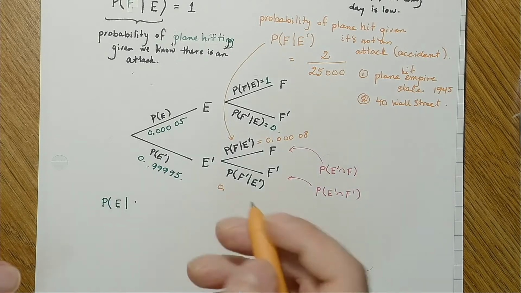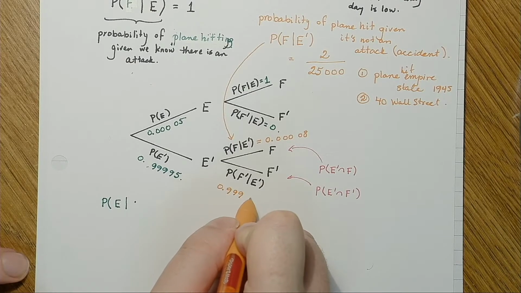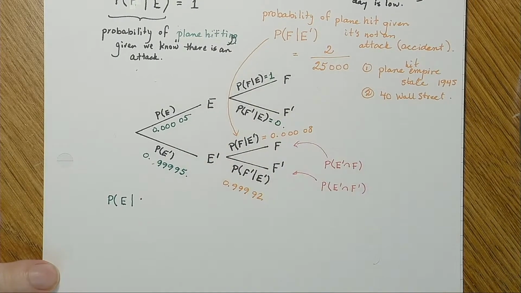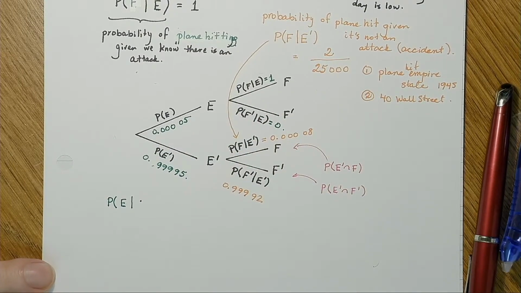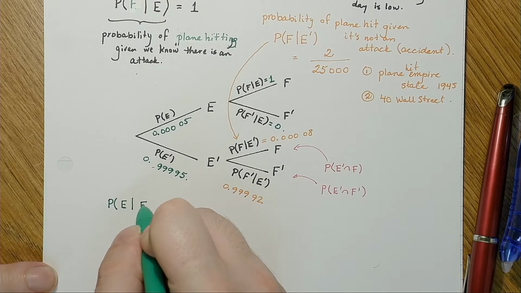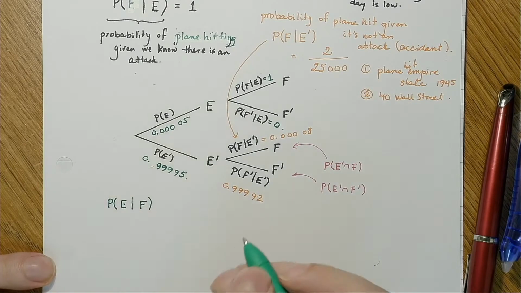Okay. So over here, let me just get back here. It's 0.9992. Okay, so now what we'll do is we have all this information. We can calculate this probability.